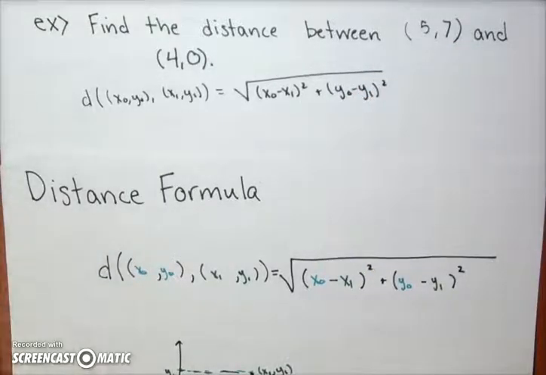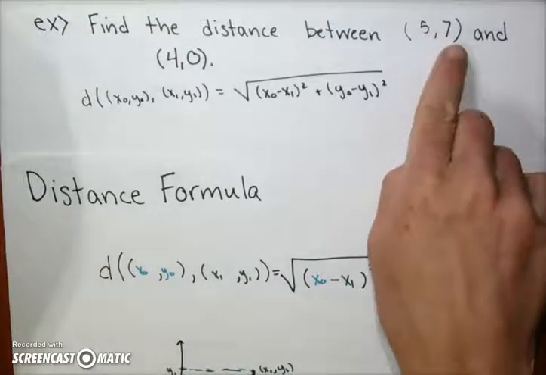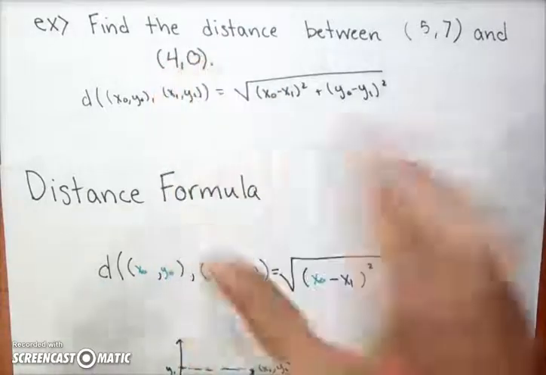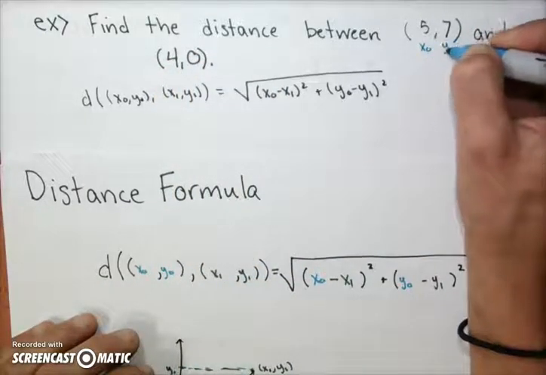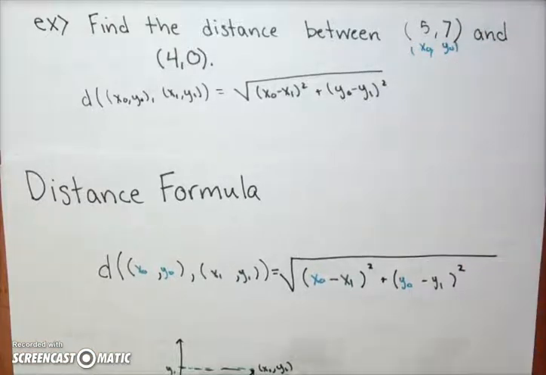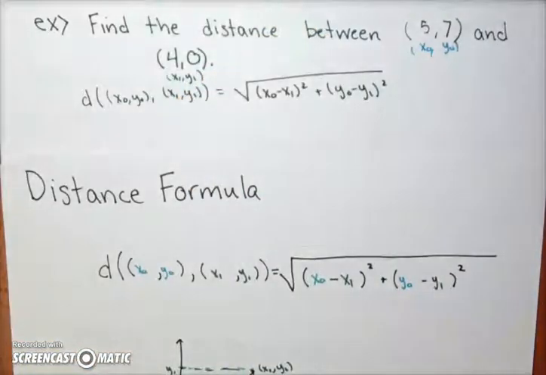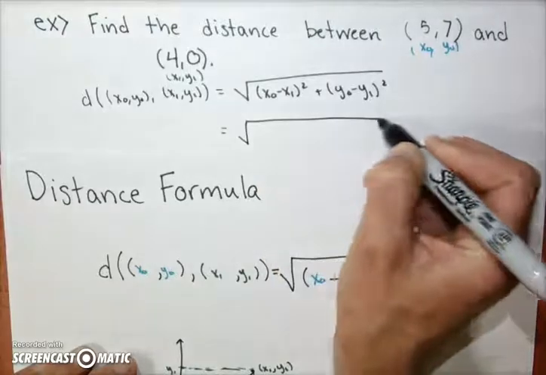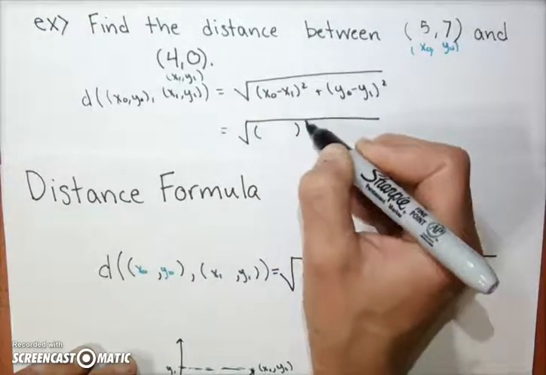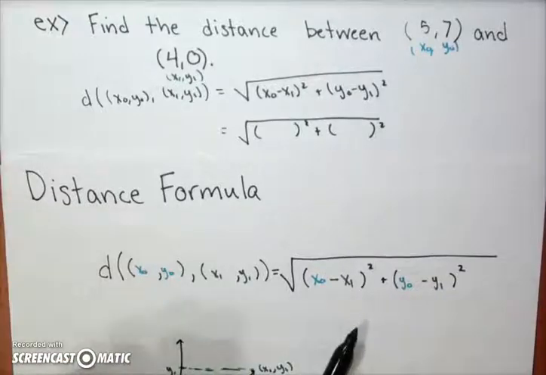So if I want to use this formula, I can choose either this to be my x0, y0 and this to be x1, y1, or the other way around. It doesn't really matter. So let's call this x0, y0, and this one we can treat as our x1, y1, and we can just plug into the formula. So we'll take the square root of the difference in the x values squared plus the difference in the y values squared.